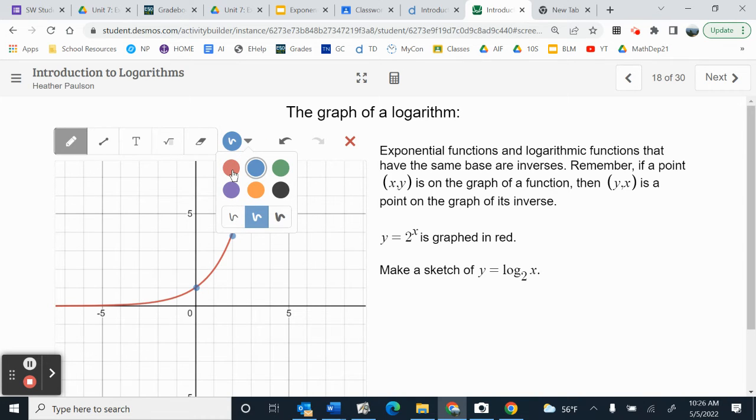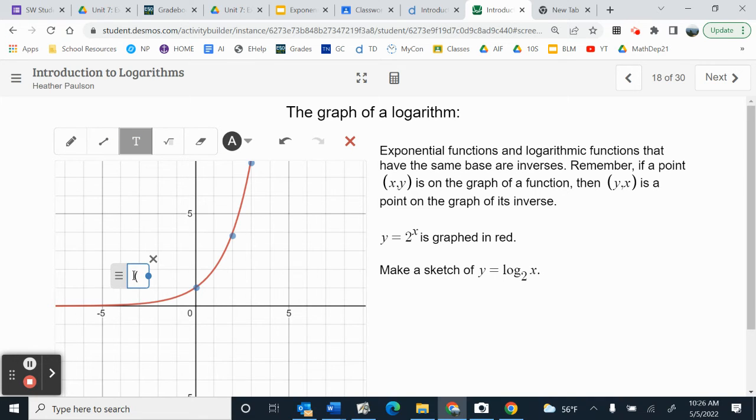I'm going to change color. I'm going to go black for the points. And so this point right here is 0, 1. So that means my point that I plot for the inverse is going to be 1, 0.